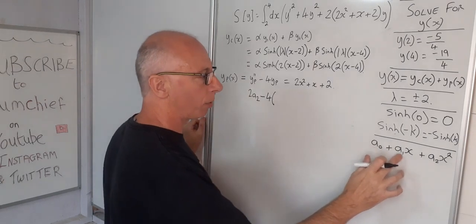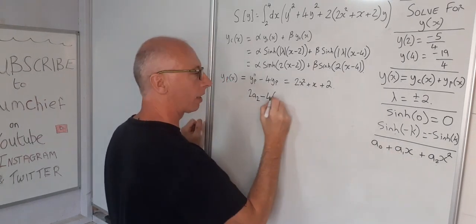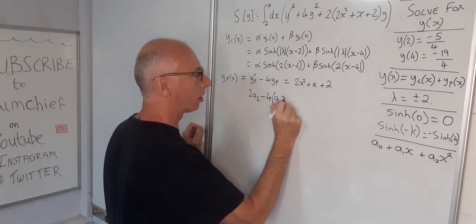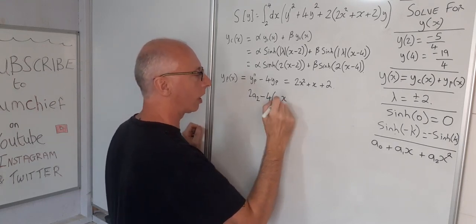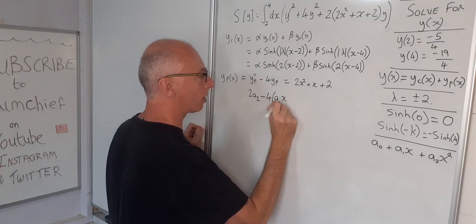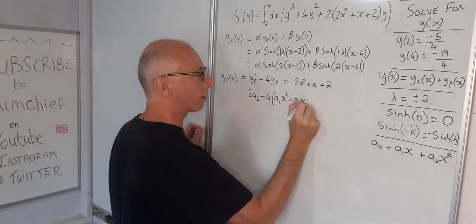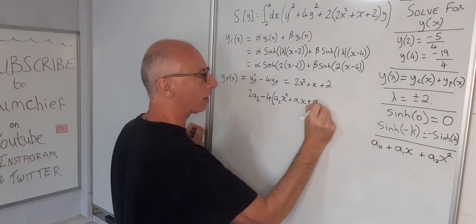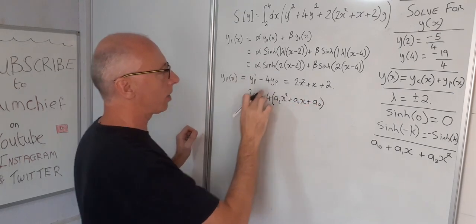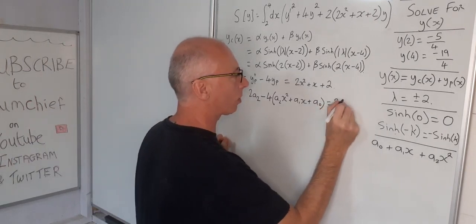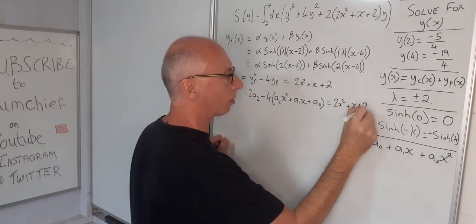So a0 plus a1x plus a2x squared. I'm going to write this the other way around so it's easy to follow: a2x squared plus a1x plus a0. That's our particular solution format, and that's going to equal 2x squared plus x plus 2.